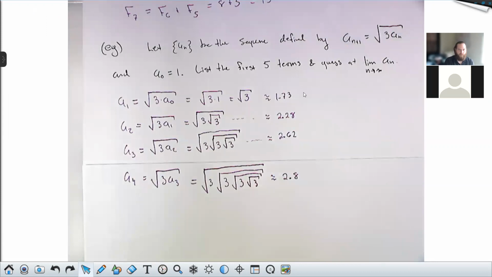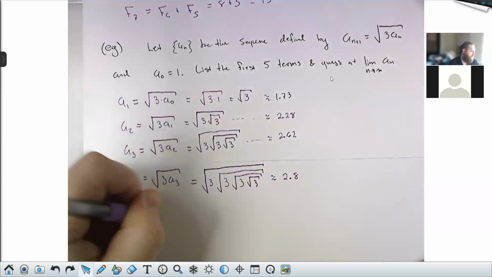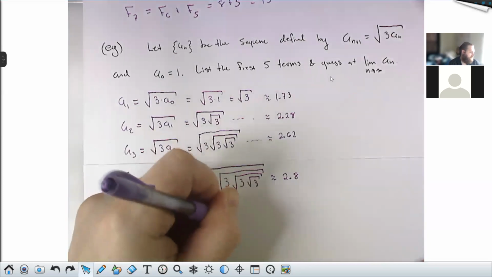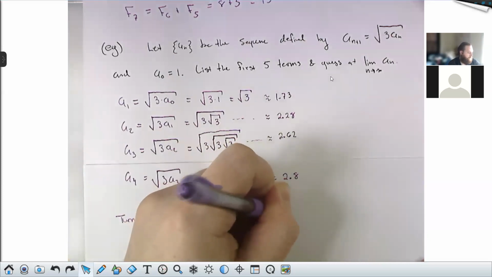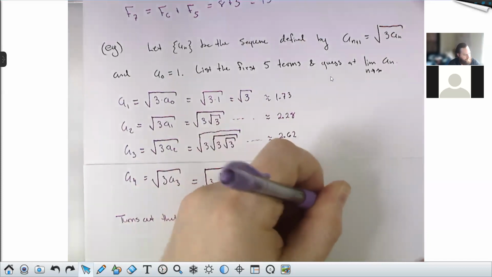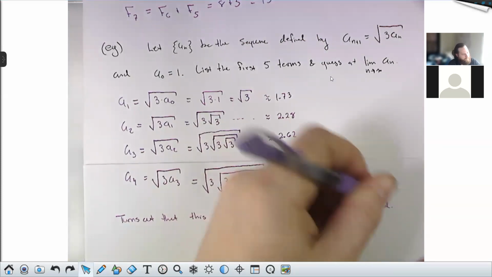But what's not immediately clear is that it's bounded. And again, a proof there would require some induction, so we're not going to go through it. But it is true. Turns out that this sequence is monotone increasing and bounded.